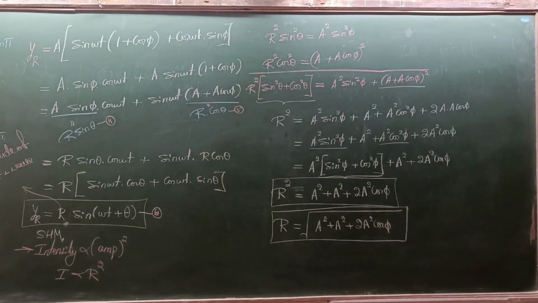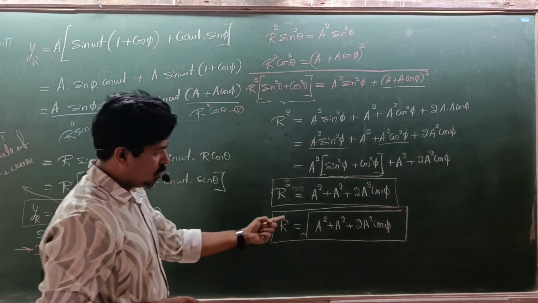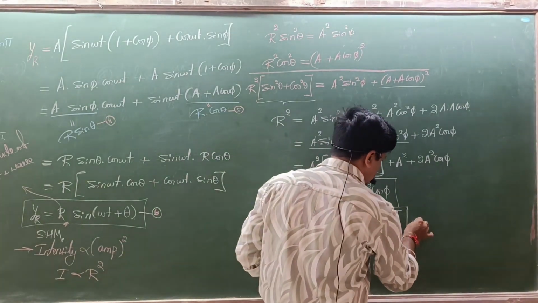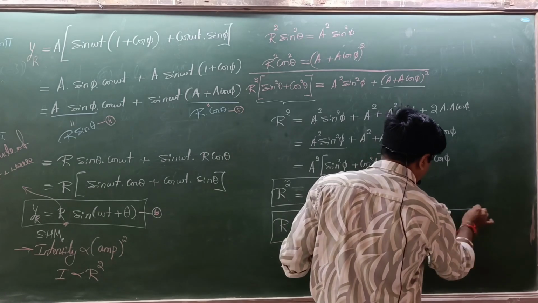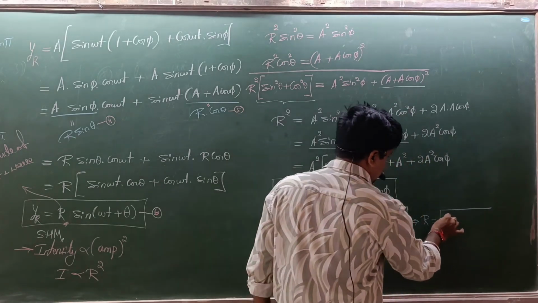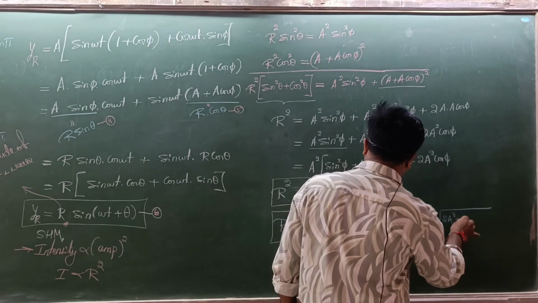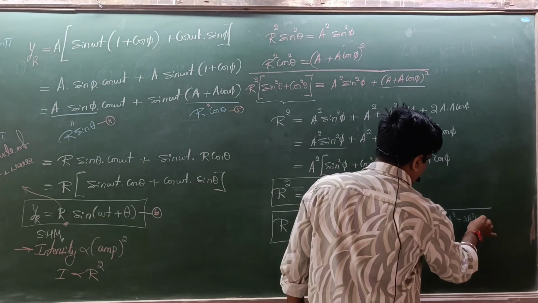This is the expression of the magnitude of the amplitude of the resultant wave with the same amplitude waves. Here we have taken two waves, y1 and y2, that is the displacement of the first wave and second wave. We took the amplitudes of the two waves as equal. So the resultant wave is a square plus 2a square cos pi. r is equal to root of a square plus a square plus 2a square cos pi.